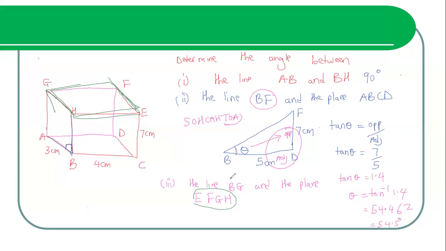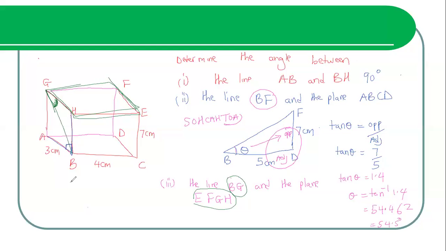Because are you seeing the line they told you? So it was G to B, big G. So I expect that you would have drawn like this, and the angle you are forming is this angle here.